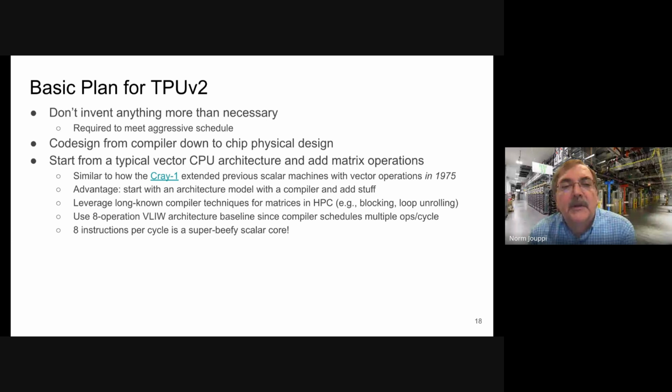The basic plan for what we called the TPU v2, even though it was quite different from the v1, was: don't invent anything more than necessary. That was required to meet an aggressive schedule and a very small team. That was kind of a blessing in disguise.